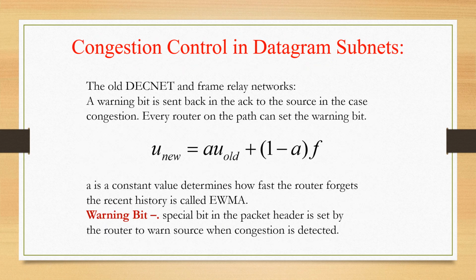Next is congestion control in datagram subnet. Here the queuing delay inside the router directly captures any congestion experienced by packets.